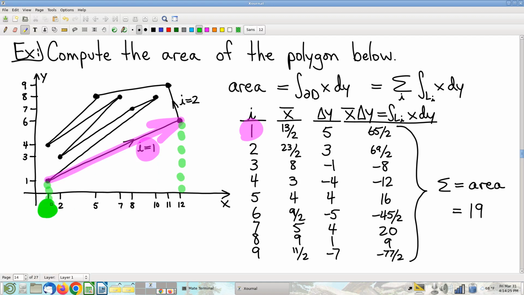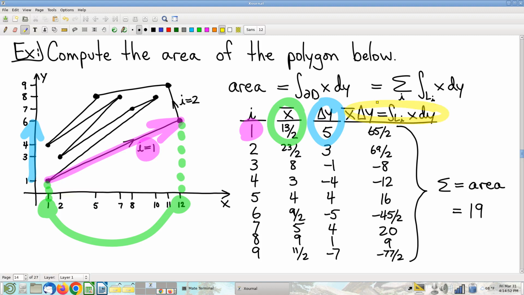The average value of x is the average of 1 and 12, which is 13 halves. Easy arithmetic. Now delta y: how much did y change here? Well, y went from 1 up to 6, which means that delta y is 5. And this is pretty easy to multiply out using this formula. X bar times delta y just gives me 65 halves. And we've computed one of these 9 steps.